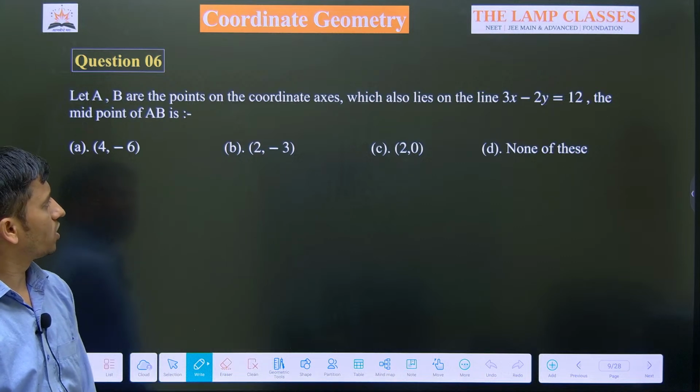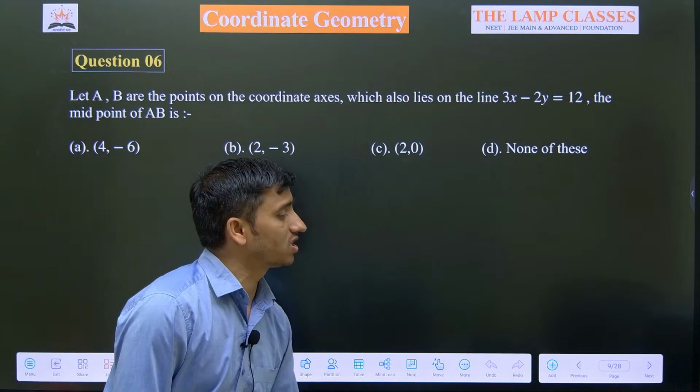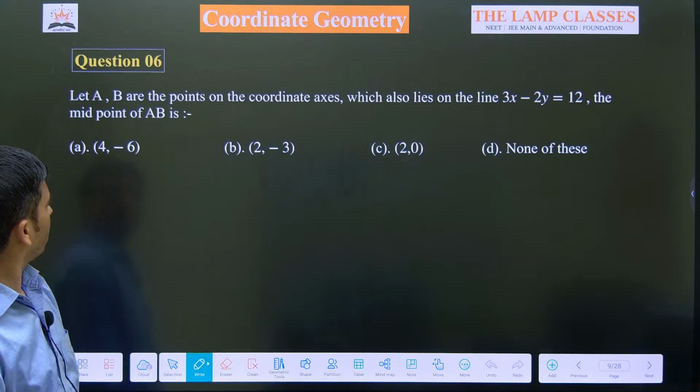A and B are the points on the coordinate axis which also lie on this line. Then what is the midpoint of AB?